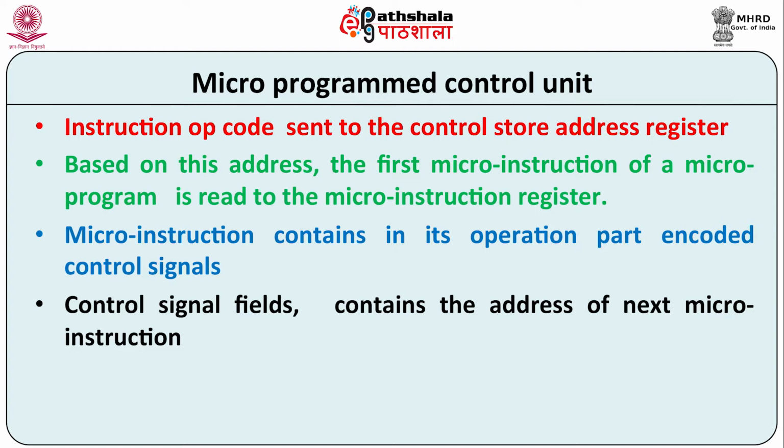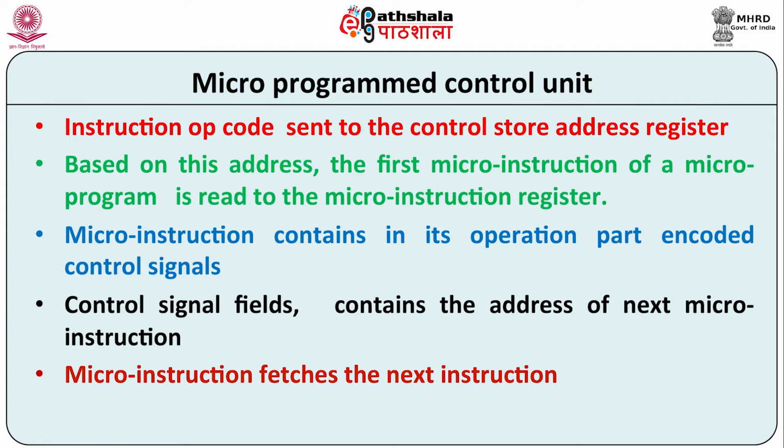Besides the encoded control signal fields, the micro instruction contains the address of the next micro instruction of the given instruction's microprogram and a control field used to control the activities of the micro instruction address generator. The last mentioned field determines the addressing mode or the operation to be applied to the address embedded in the current micro instruction. The last micro instruction in the microprogram of a given instruction is the micro instruction that fetches the next instruction from the main memory to the instruction register.